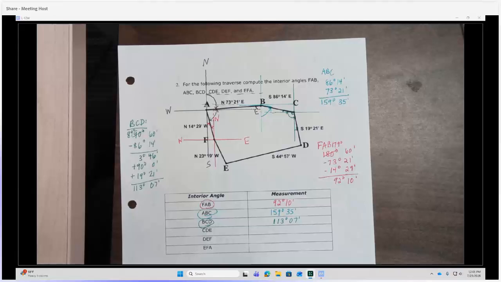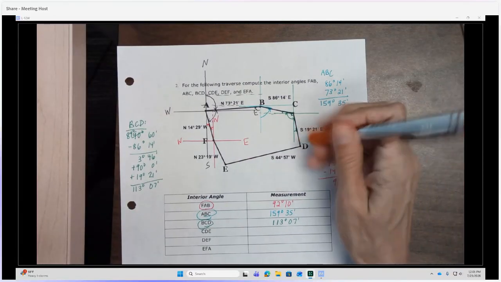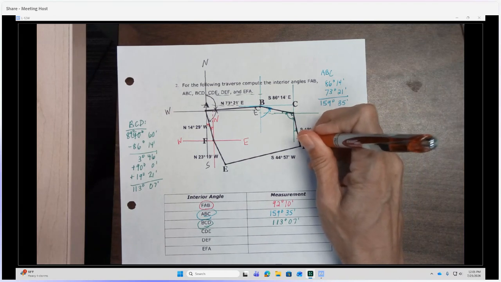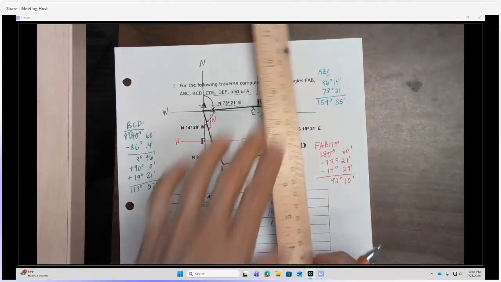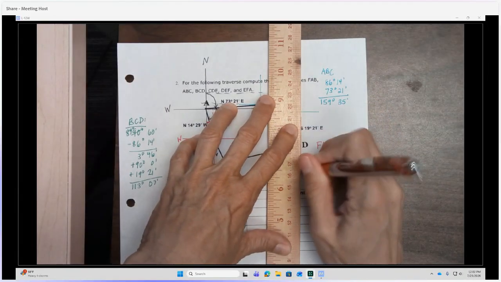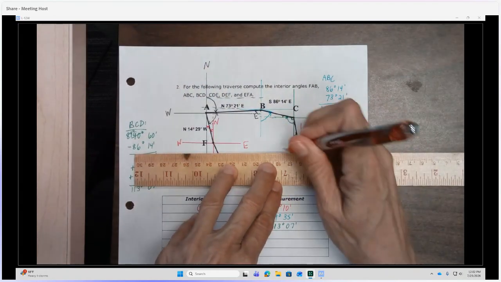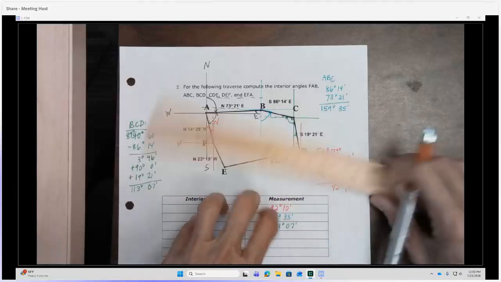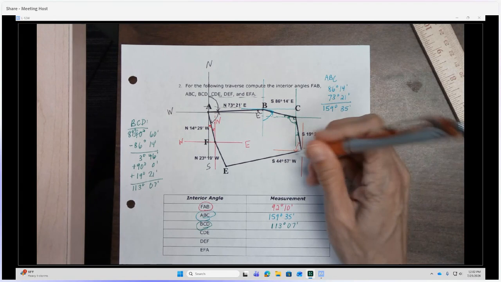Okay, let's go on to CDE. So coming back around here, I'm looking for this angle measurement in here. So now I'll look at D and see what bearing information I have as I go from D to E. And as I go from D to E, I have this information coming from the south to the west.